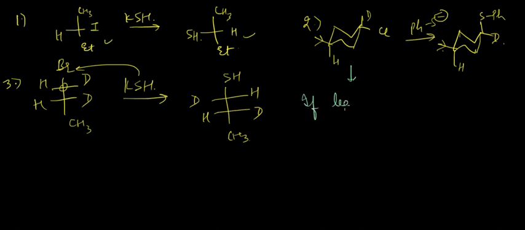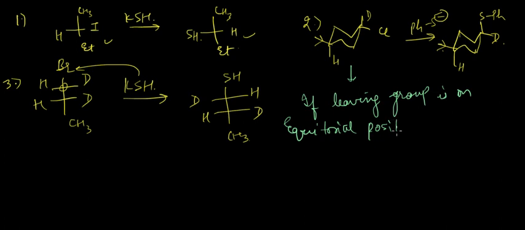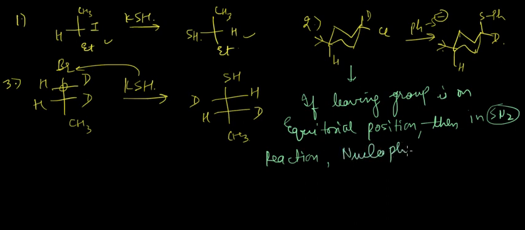So if the leaving group is on equatorial position, then in SN2 reaction the nucleophile will be at axial, and vice versa. Axial and equatorial, this would be vice versa.